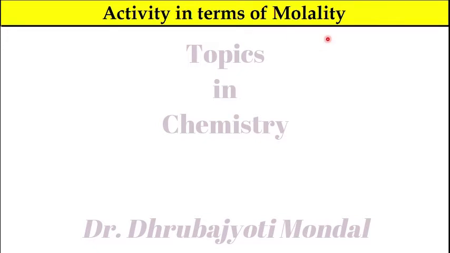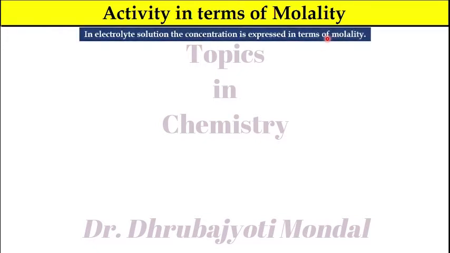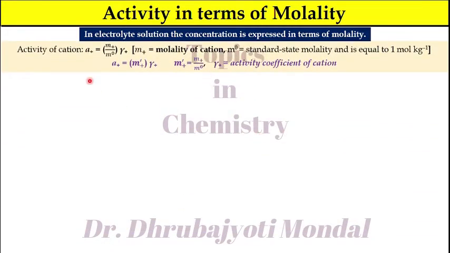Activity in terms of molality. Remember, in electrolyte solution, the concentration is expressed in terms of molality. Now you have to know the relationship between activity and molality. First consider the activity of the cation. The activity of the cation is represented by a plus, which is equal to m plus divided by m0 into gamma plus.